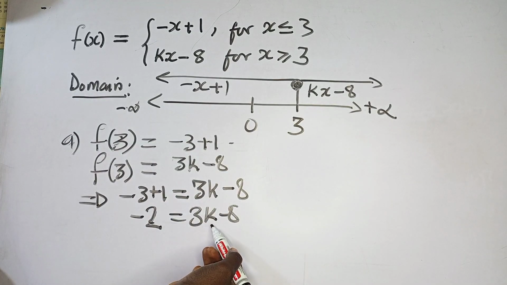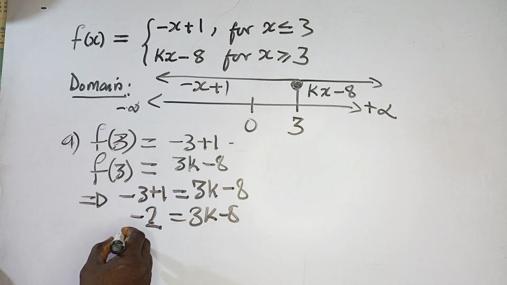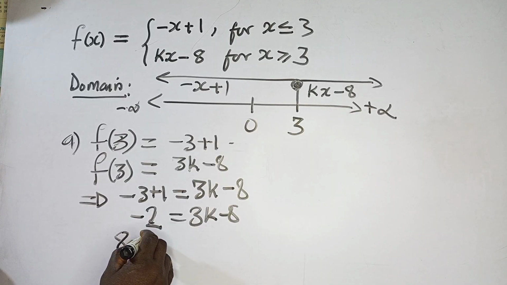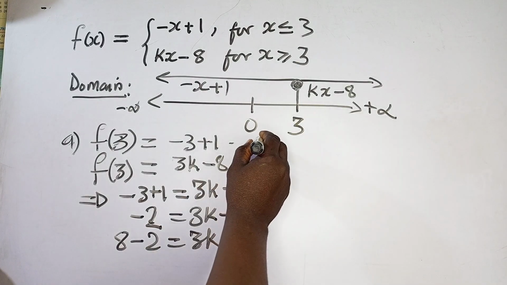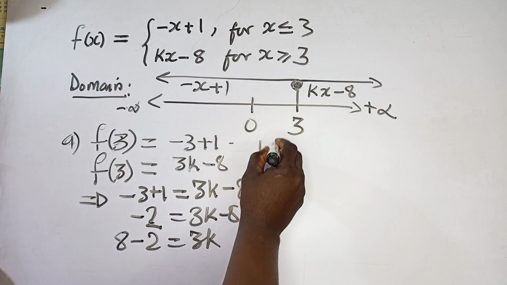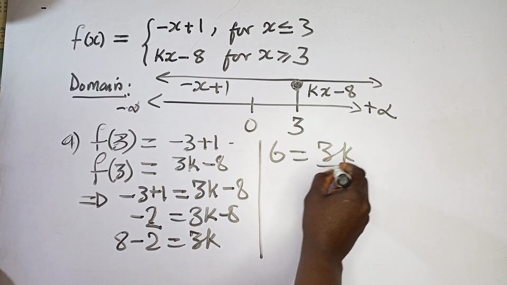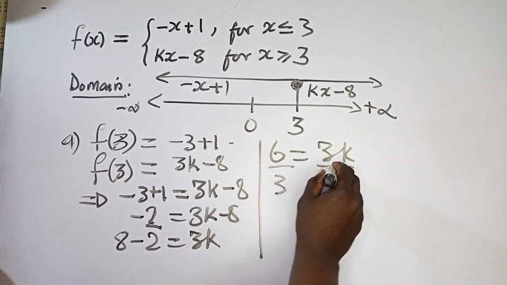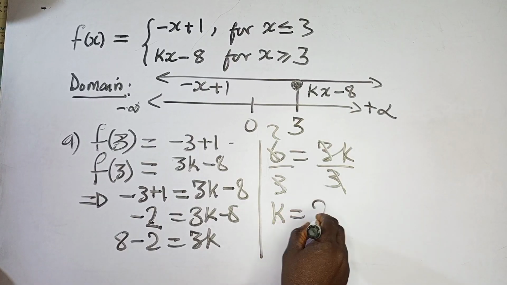I want to solve for k, so we take the negative 8 from the right-hand side to the left-hand side, where it becomes positive 8. So we have 8 minus 2 is equal to 3k. 8 minus 2 is 6. To get k, we simply divide both sides by 3. And so the value of k is 2.